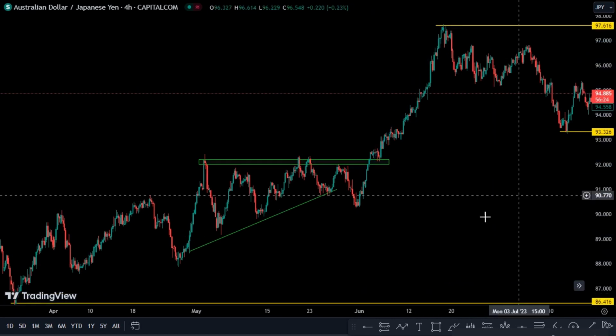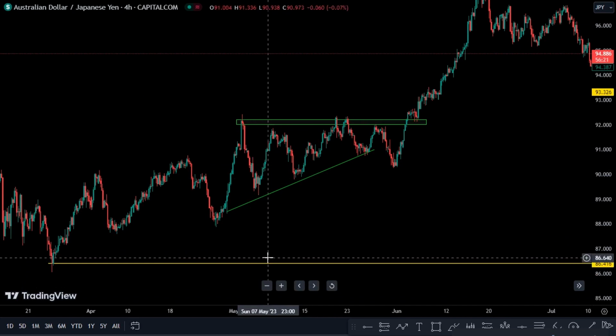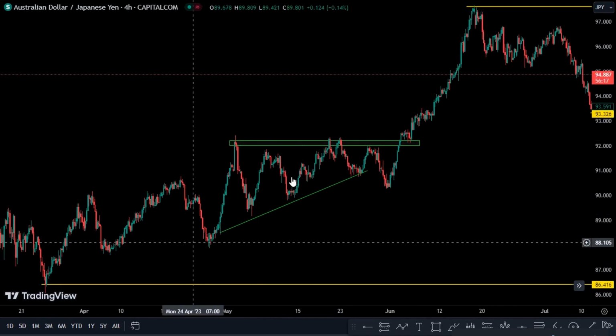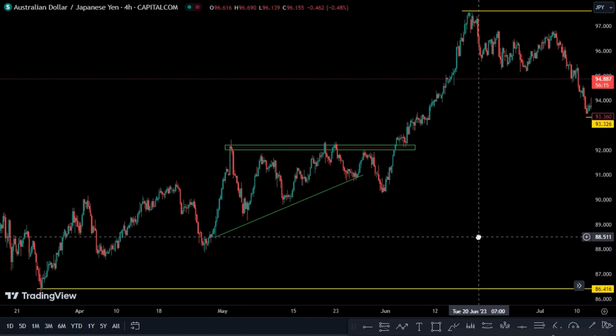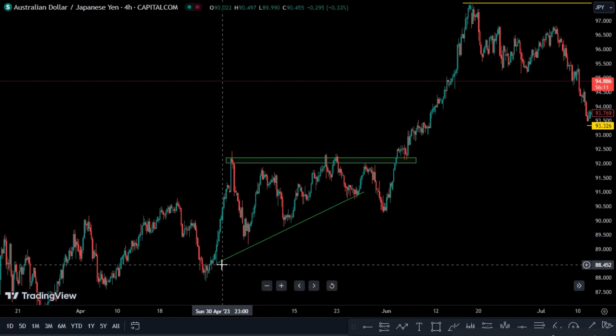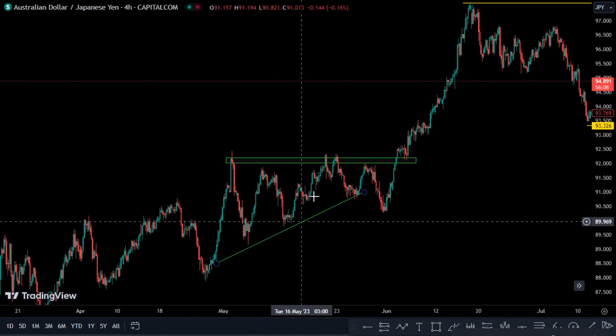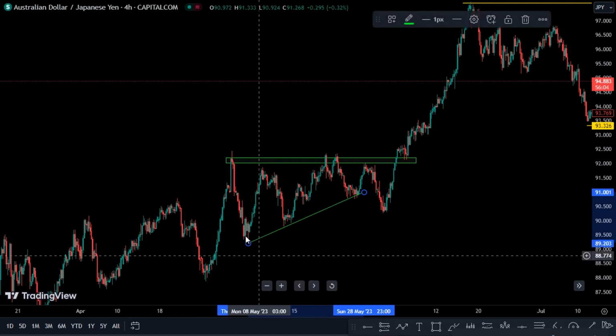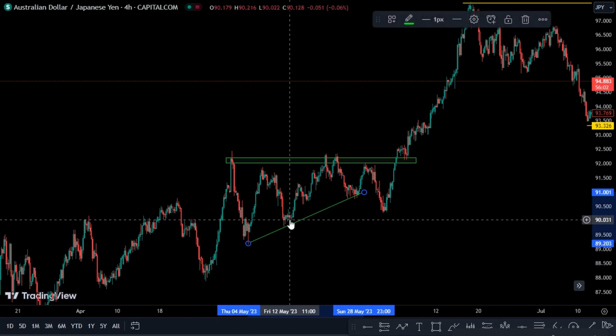Once you have identified your lowest low and your highest high, we know that there's going to be some movements in between. So firstly, after identifying these structures right here, 1, 2, you now have a trend line.